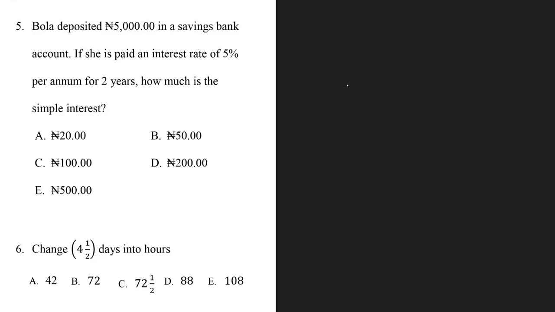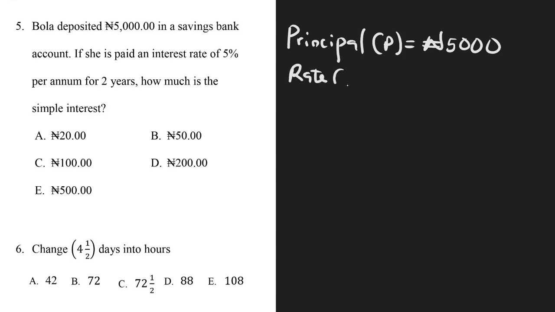So from this question now, you can see that the principal, which is always signified P, is usually P, is what? 5,000 naira. And from the question we say that the interest is what? Interest rate of 5%. So the rate now, which is always R, is always in percent.